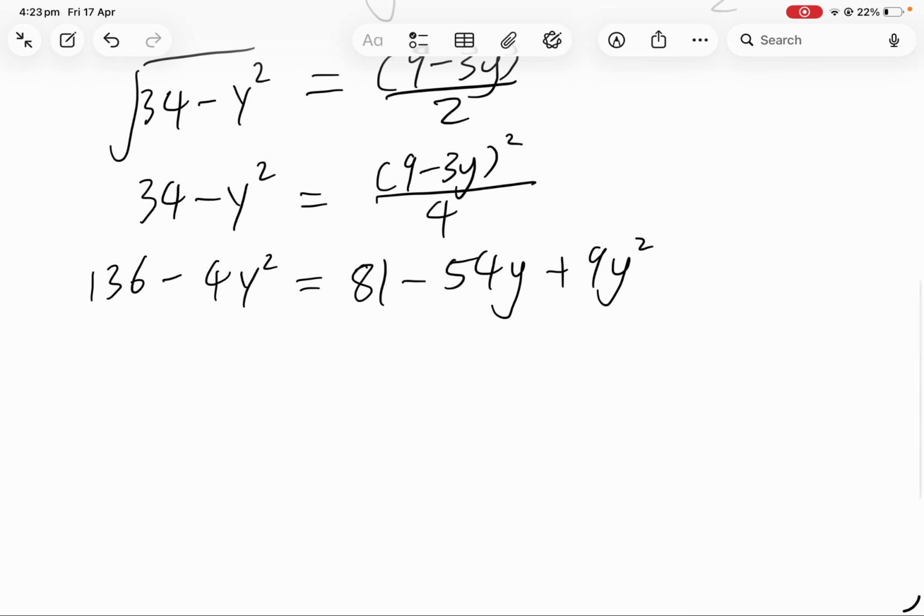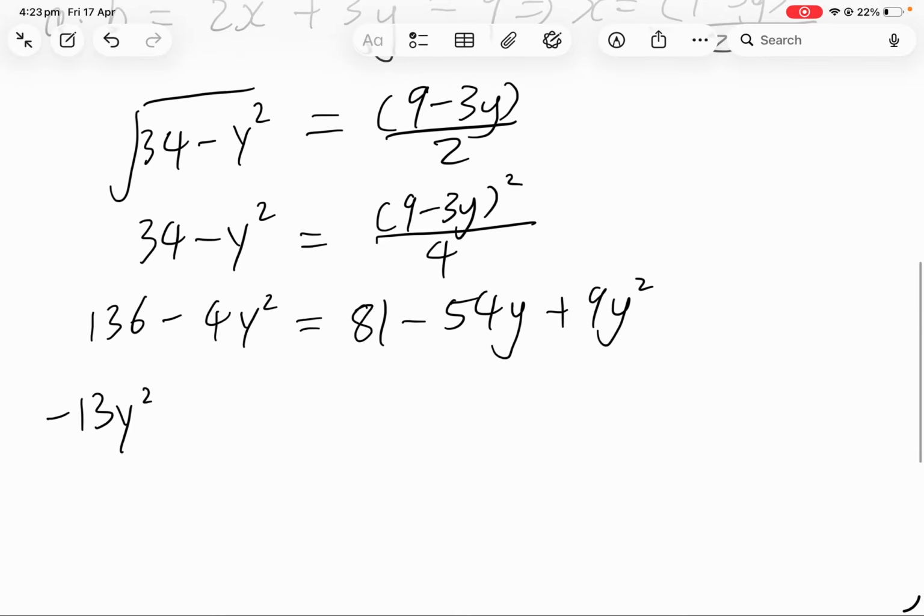Then we can move everything to the left side, so that becomes negative 13y squared, plus 54y, and then moving the 81, plus 55 equals 0.